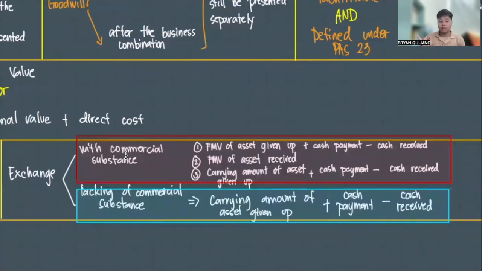So in the first one, if there is commercial substance, use the fair market value of the asset given up plus cash payment. If this is not available, then you will use the fair market value of the asset received. Then if number 1 and number 2 cannot be observed, then you will record the carrying amount of the asset given up plus any cash payments and less any cash received.